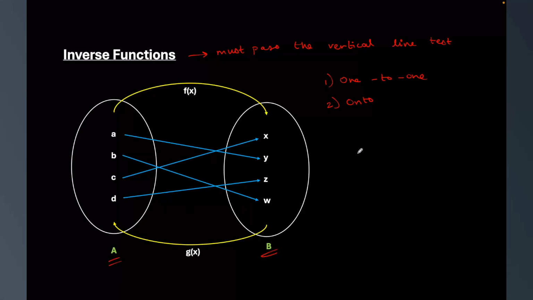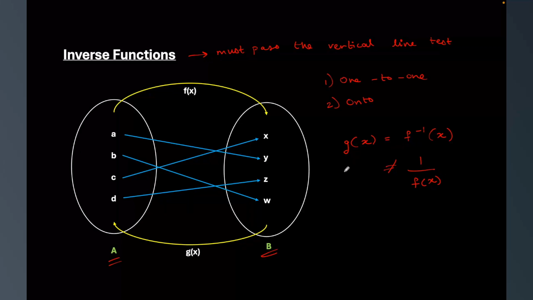Now, another important thing is that let's say our g of x is equal to the inverse of f of x. This does not mean 1 over f of x. Just remember that this inverse is not an exponent, it's just a notation.